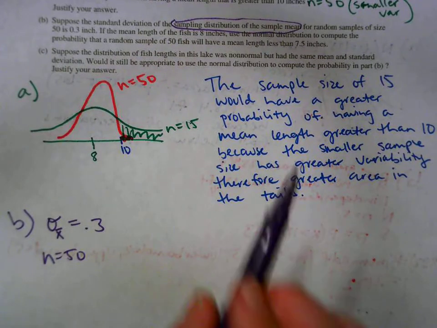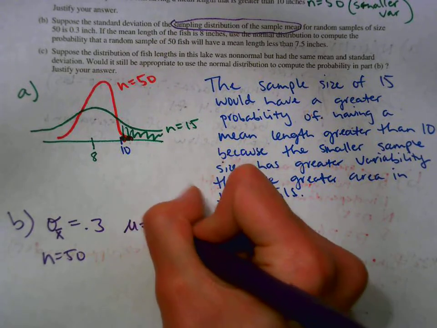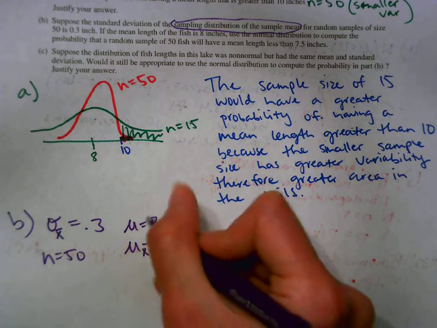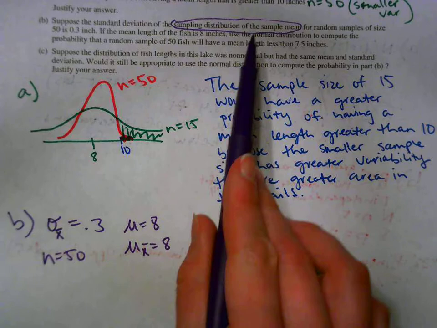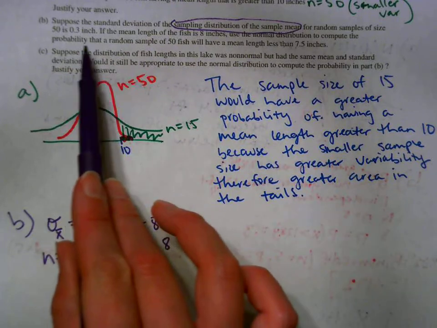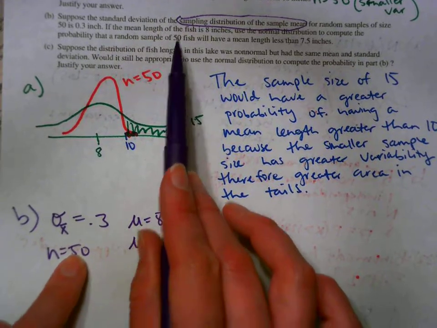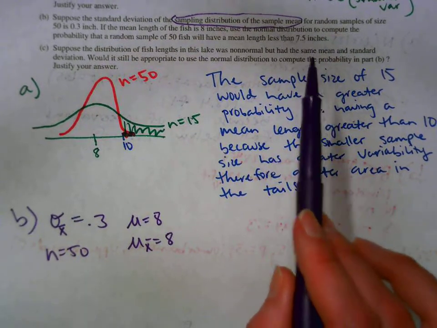So then if the mean length of the fish is 8, which means we know the mean of our sampling distribution is equal to that true mean, so it's also 8. Use a normal distribution to compute the probability that a random sample of 50 fish, which matches our sample size, will have a mean length of less than 7.5.